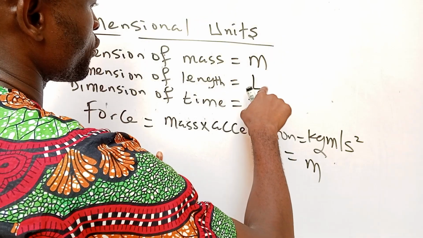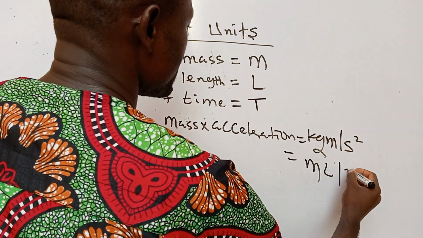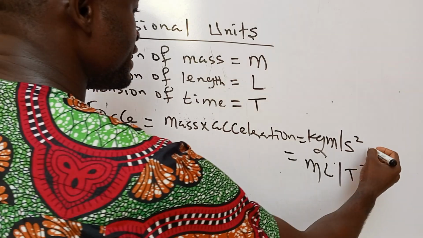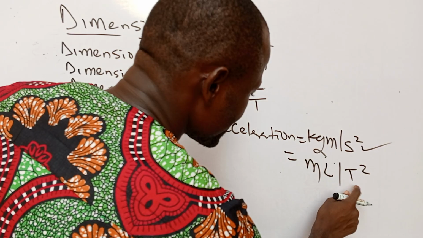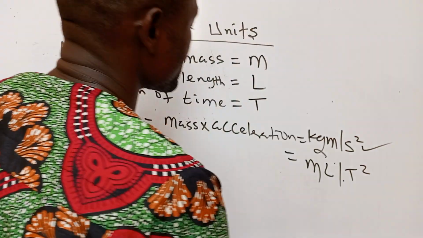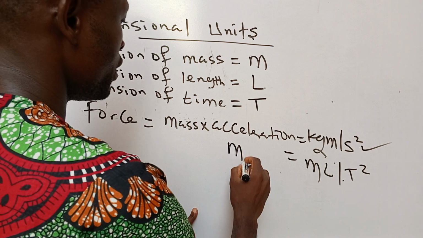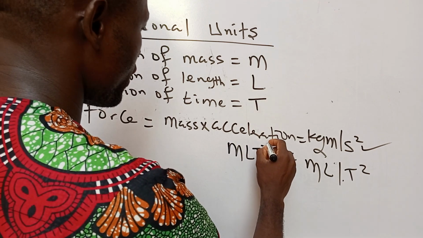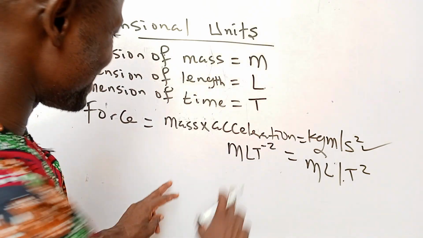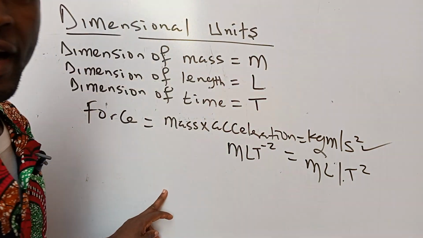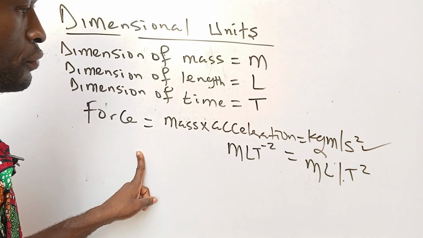Then for meter, we write L. Then for seconds, we write T. So this unit too can be written as M L T raised to power minus 2. Whichever way you see it in the textbook or in the classroom, you should know that this is the dimensional unit of force.